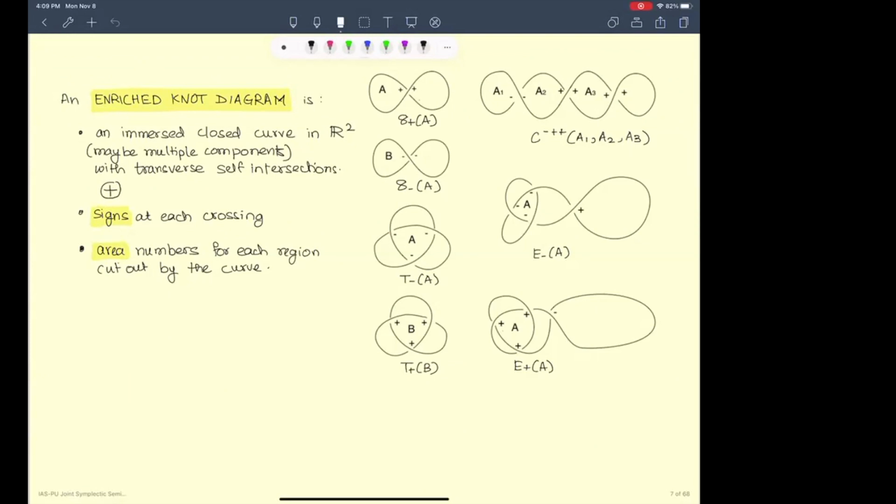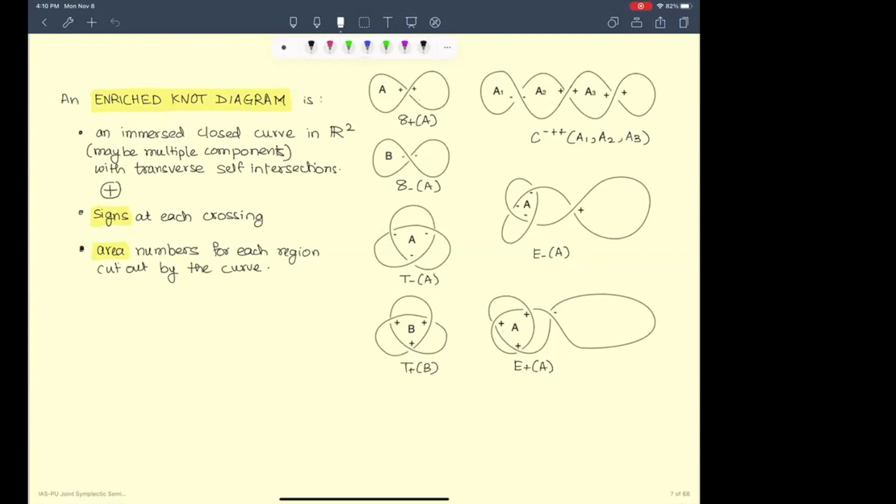For me, the signs come at each corner. If I'm walking along my curve, going like this and I jump up, it's a negative sign. And if I'm going like this and I jump down, it's a positive sign.